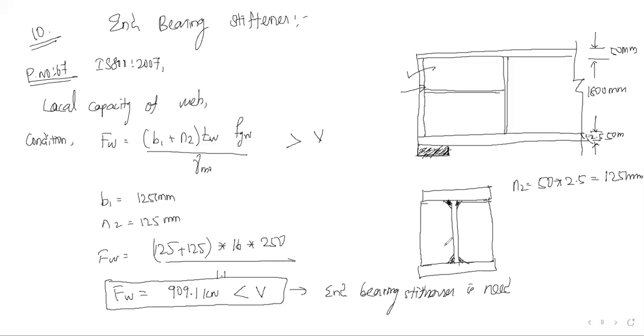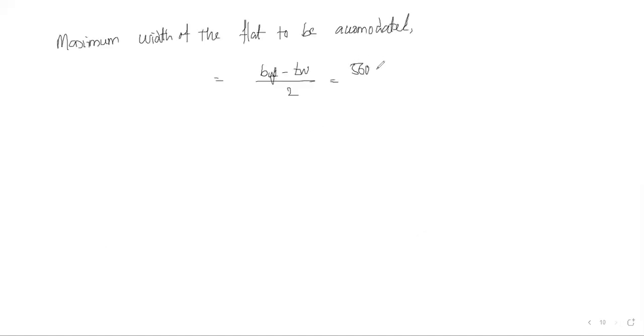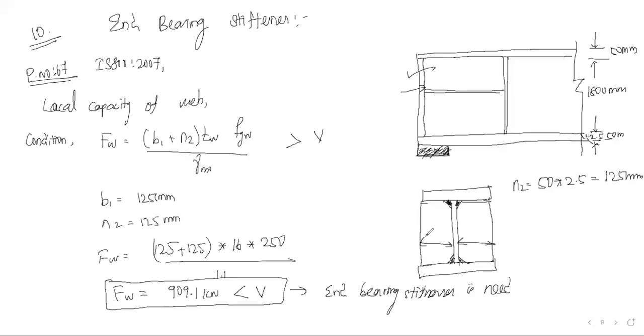This is nothing but this gap from here to here, and from here to here, that distance. So 560 minus 16 mm divided by 2, I can get the value of 272 mm. So this distance is 272 mm. So here I am going to use the flat plate.